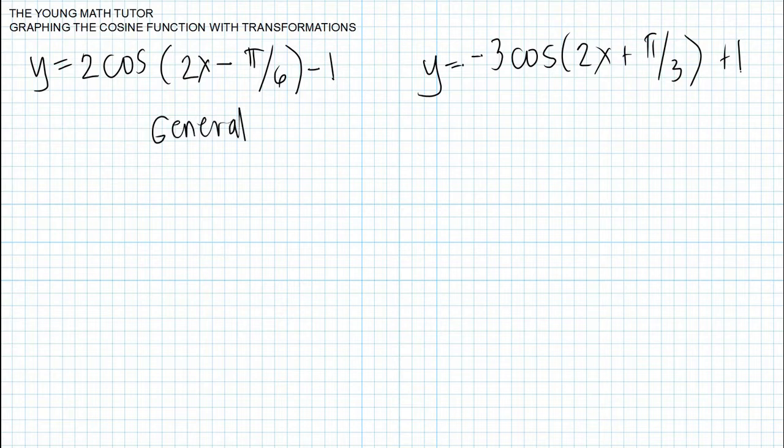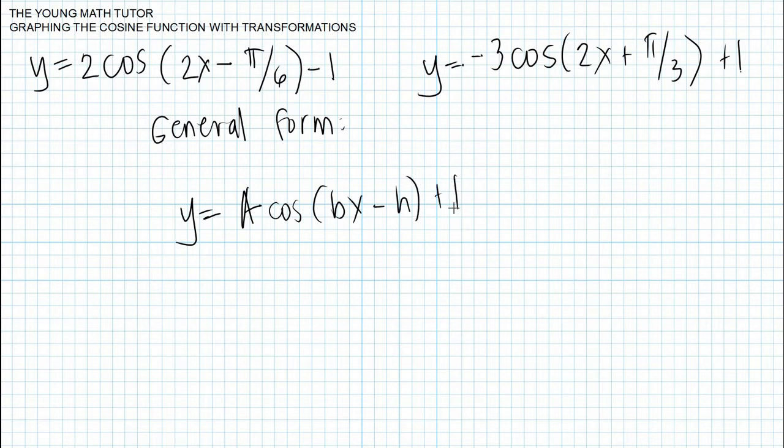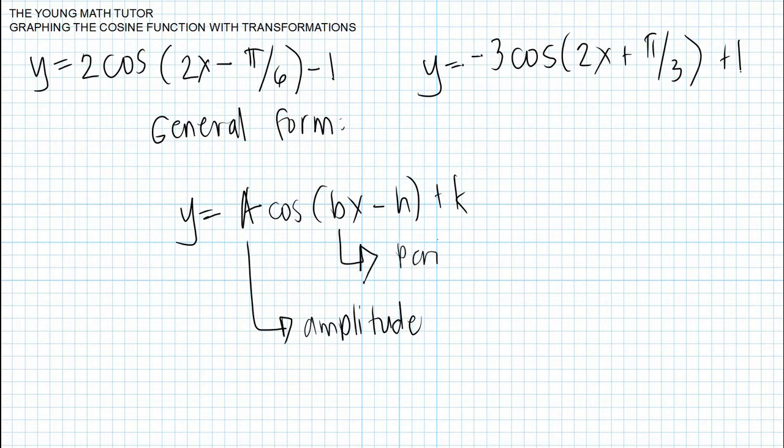So we have to remember that the general form of a cosine function is y equal to a cosine bx minus h plus k. Here we know that a is the amplitude of the function, whereas b can be derived from the formula of the period, which is 2 pi over b.